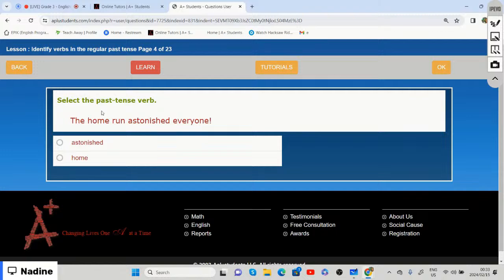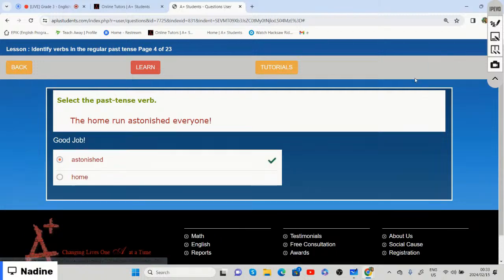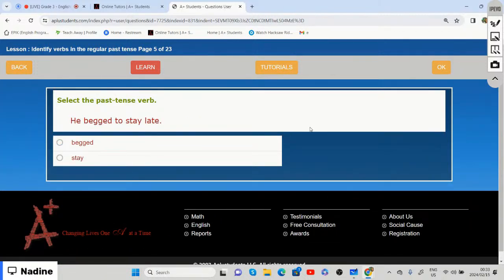And if we choose the past tense verb, we will say astonished. So astonished shows the past tense regular verb.